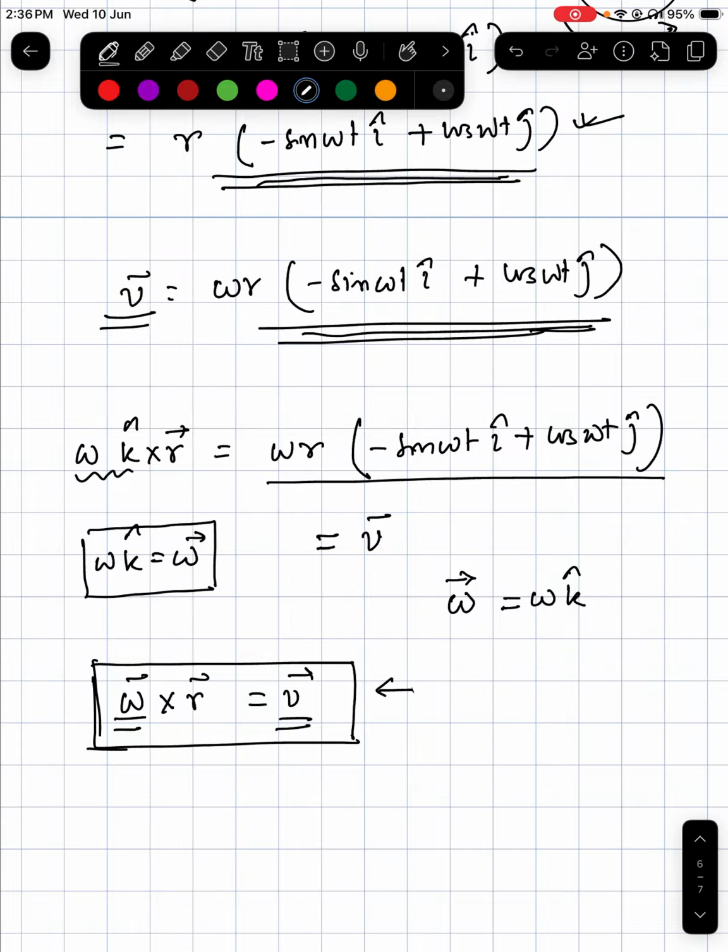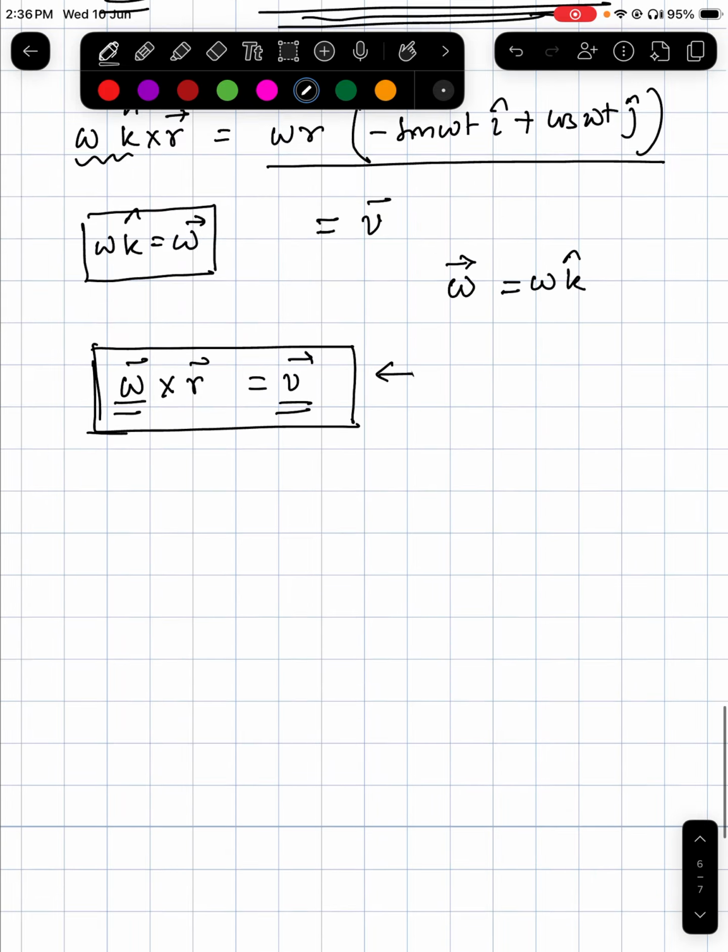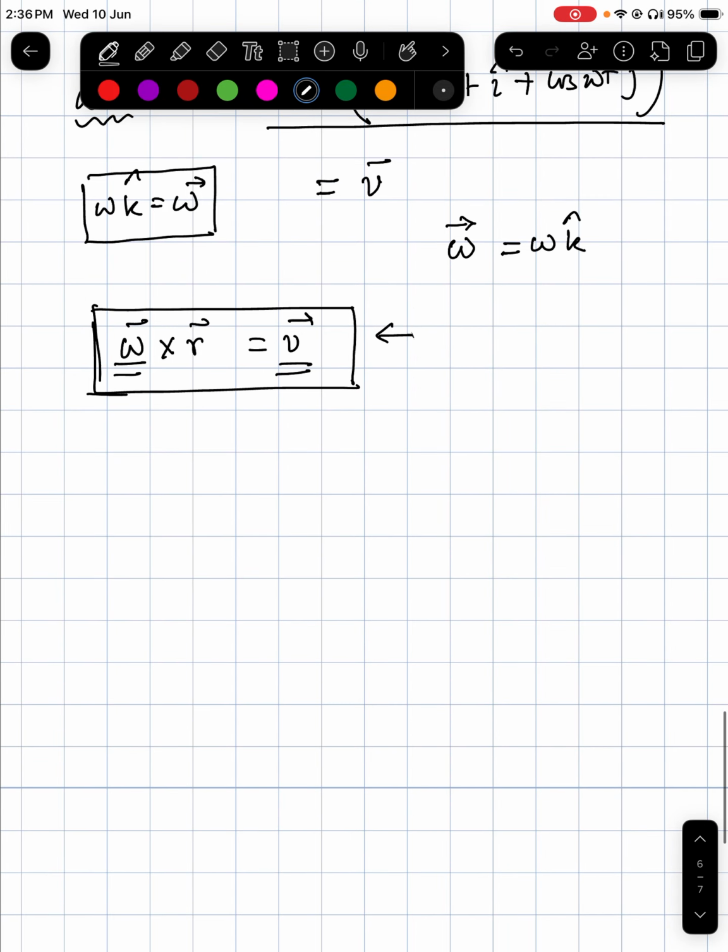This is a very, very important relation in circular motion, that is omega cross r equal to v. So now we are going to summarize the whole picture.